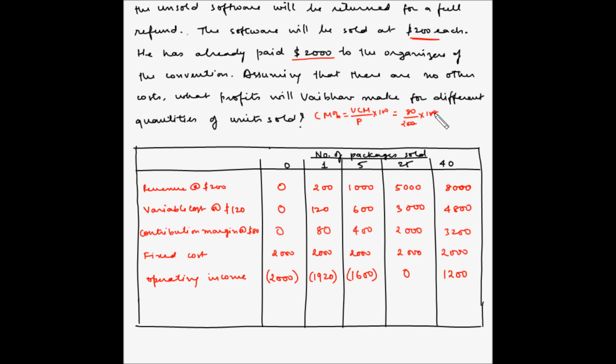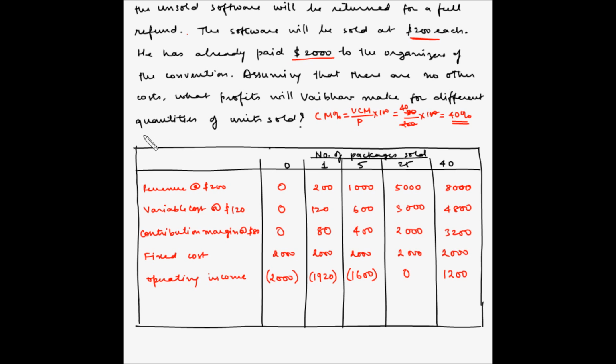So these two zeros get cancelled. 2 multiplied by 40 is 80, so this is 40%. So the contribution margin percentage is 40%. What this means is that out of the selling price, 40% is being contributed towards the fixed cost.